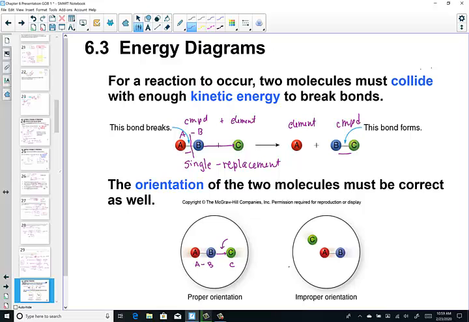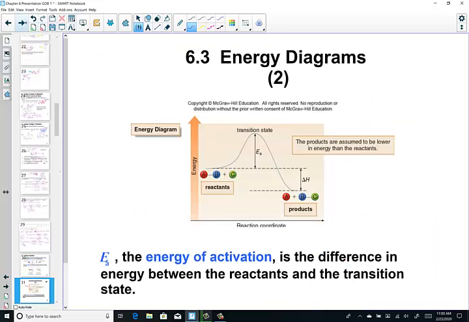So in order for compound AB to collide with C, you need a head-on collision, not just a quick breeze by with an improper orientation, but a full force with enough energy to cause bonds to break and new bonds to form. So those are the two requirements: two molecules colliding with enough energy to break bonds, and the orientation must be correct as well. And we can represent that all in action in an energy diagram.